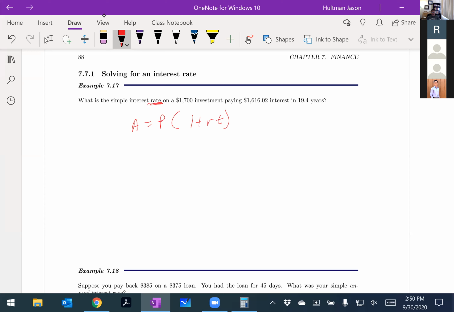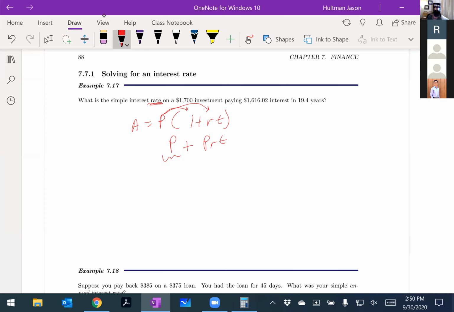Okay, so what was the simple interest rate on a $1,700 investment paying this much interest in 19.4 years? Well, what's the principal here? The principal is P. What's the interest? It's PRT.